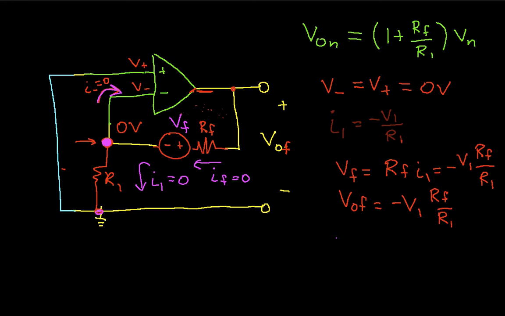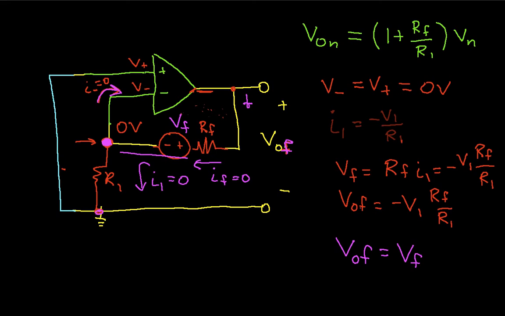I've made another mistake. I'll correct it in just a minute. It means that V0F, the output due to the noise generated by RF, I started at 0 volts here, going up this way, I have just VF. So the output due to RF is VF.